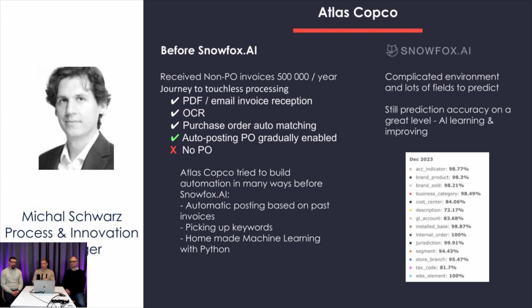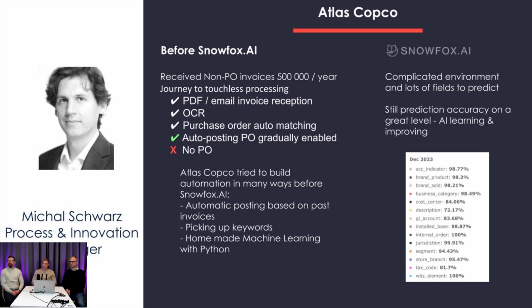And I think Vim has exactly this kind of solution, smart coding itself, which copy-pastes the historic codings to the new invoices. But with Atlas Copco, invoices are not static, so it didn't work for them. It worked for some of the invoices, but in the big picture, it didn't.